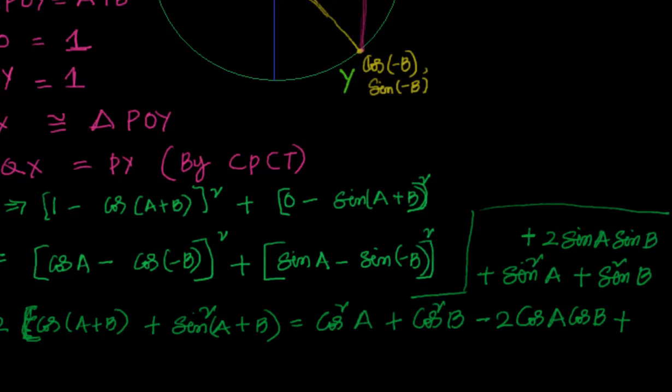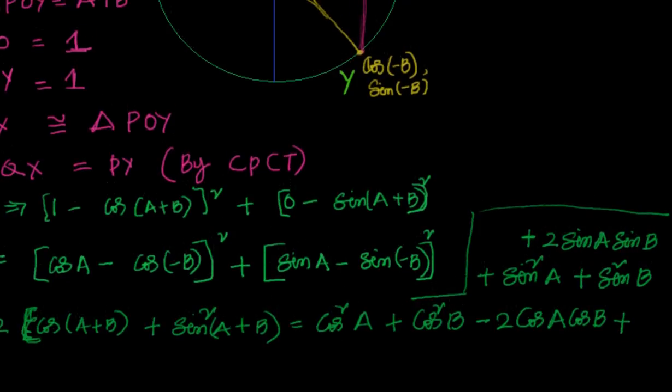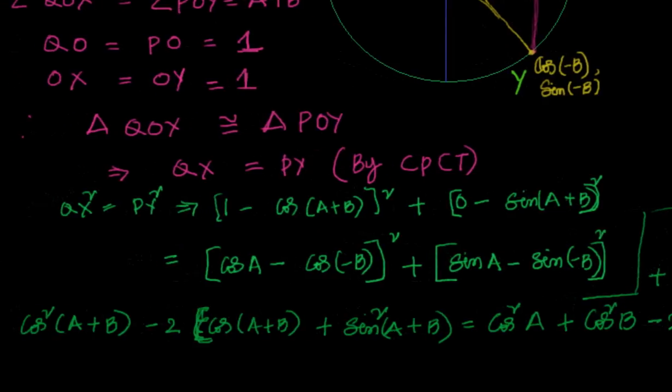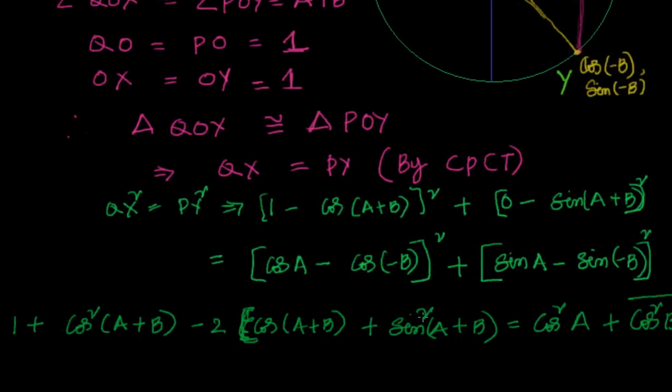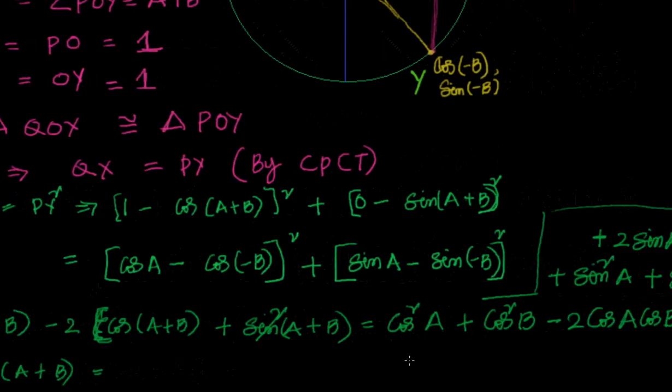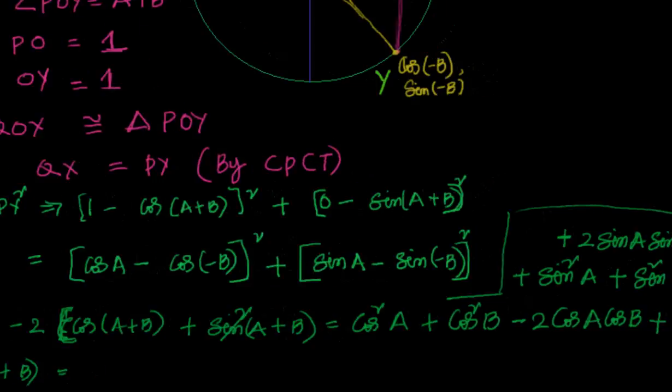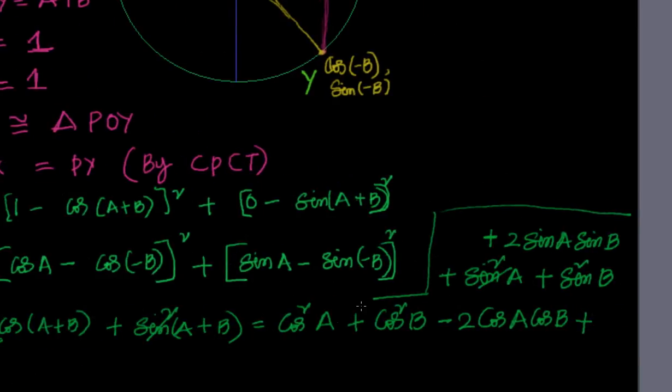Okay, now let us simplify this here. This plus this is equal to 1. So this becomes 2 minus 2 cos of A plus B is equal to, if I go in this direction, cos square A plus sine square A is 1.